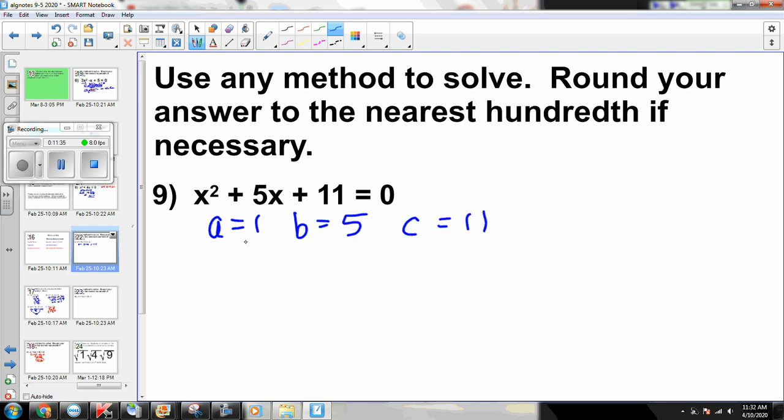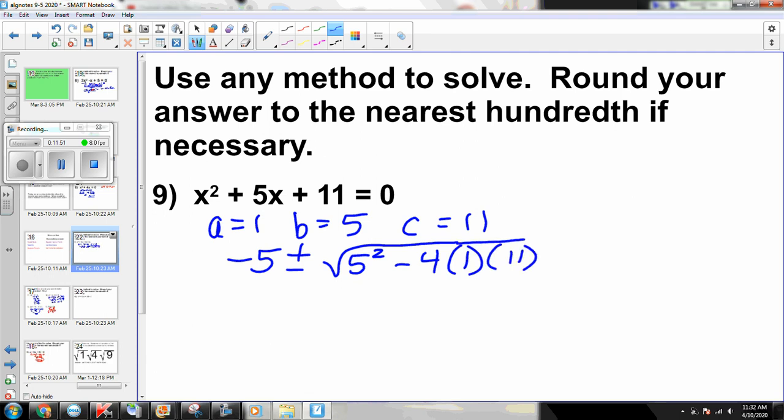All right, so negative b. B is 5, so that would be negative 5, plus or minus the square root of b squared, which was 5 squared, minus 4 times a is 1, times c is 11, all over 2a, 2 times 1.